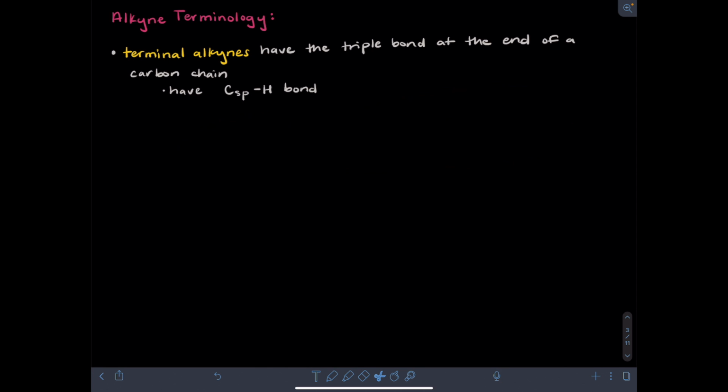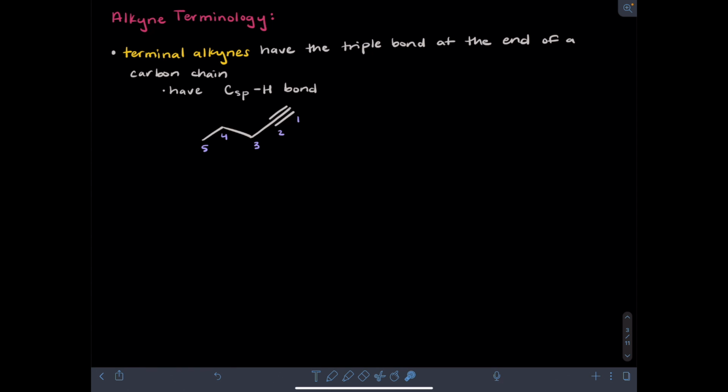In terms of alkyne terminology, alkynes that have a triple bond at the end of a carbon chain are known as terminal alkynes. The carbon at the end of the chain that's a part of the alkyne has an sp hybridized carbon-hydrogen bond. Here's an example of what a terminal alkyne would look like in a skeletal structure. Notice the triple bond is at the end of a carbon chain.